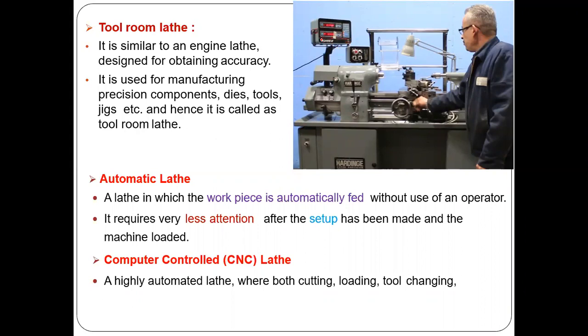So when you need to manufacture an object where dimensional accuracy and surface finish are very important, for that we need this kind of tool room lathe. It is used for manufacturing precision components, dies, tool jigs and fixtures, etc. That's why, because it is used for tool room applications, this kind of lathe is called a tool room lathe. And the next lathe is the automatic lathe.